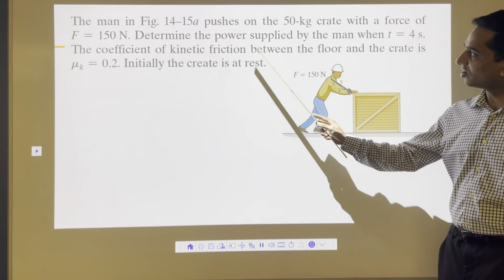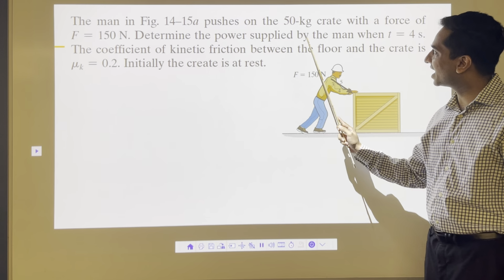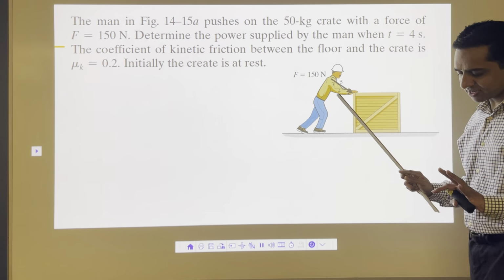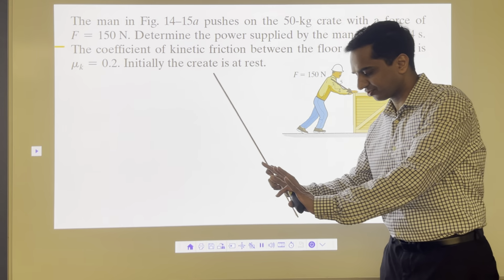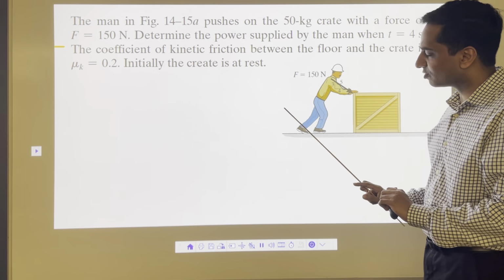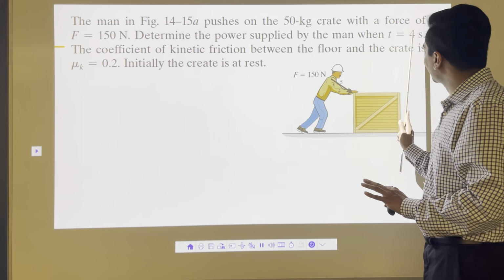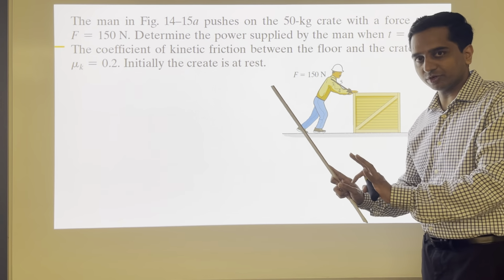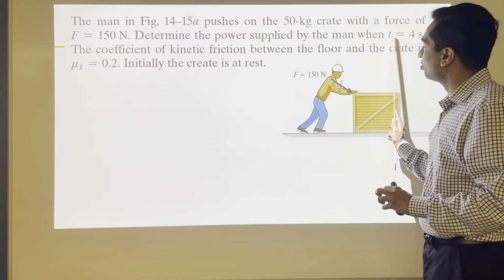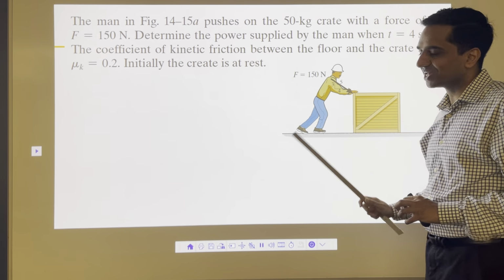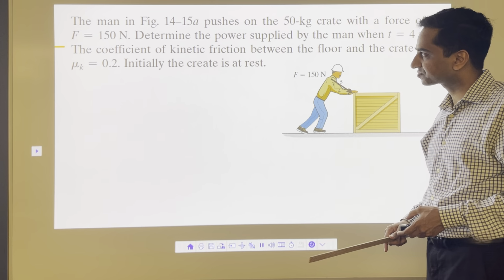What we want to find out is the power supplied by the man when t is equal to 4 seconds. He starts from rest, so the initial velocity is 0, and at t equal to 0 seconds he starts to push. He continues to push, but at the 4 second mark we want to find how much power is supplied by this man, and that's the problem.